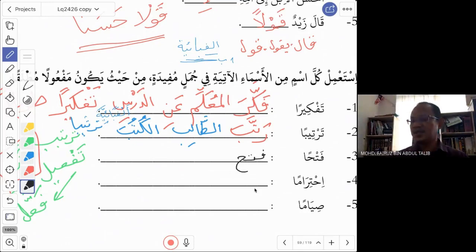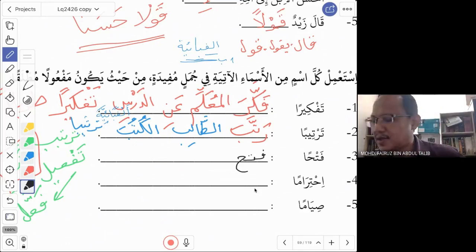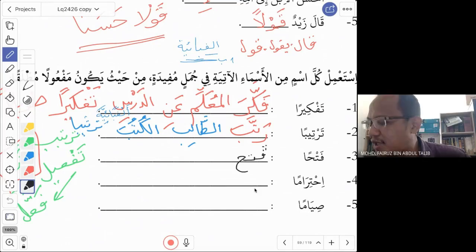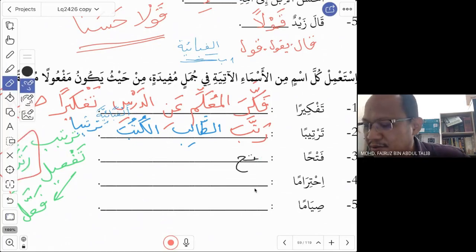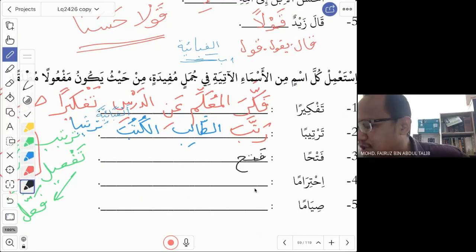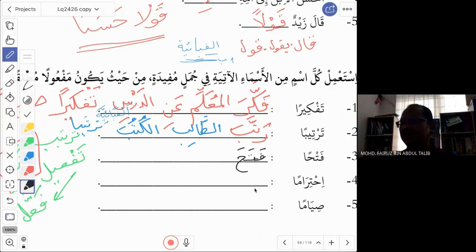How do you read the word? Fataha. This is fataha. Okay, what is the meaning of fataha? Open, yes. Fataha means open. Fataha yaftahu fathan. So fathan is to open.